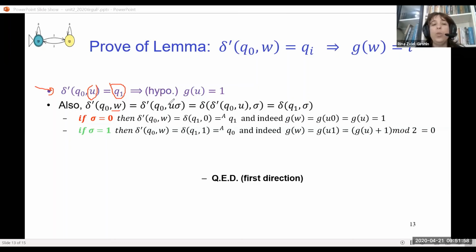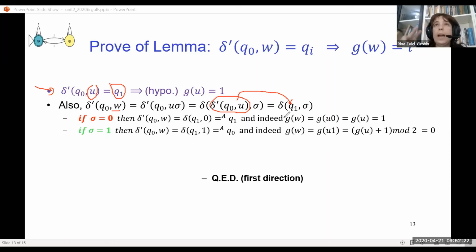We now know that G of U is 1. So what we have to check is only one transition. Where do we go from the state Q1 in our automaton when we have an additional letter? And does it equal what we have in function G?